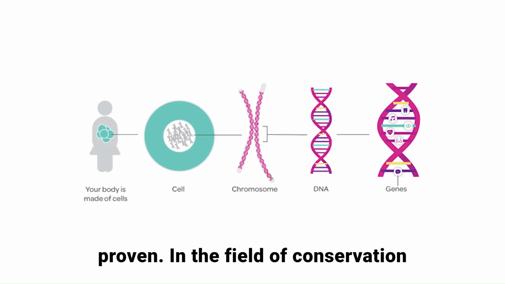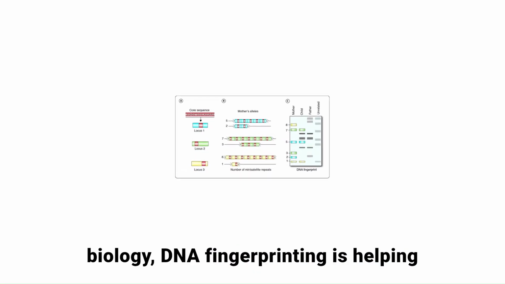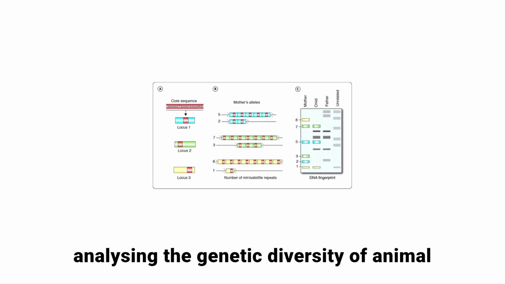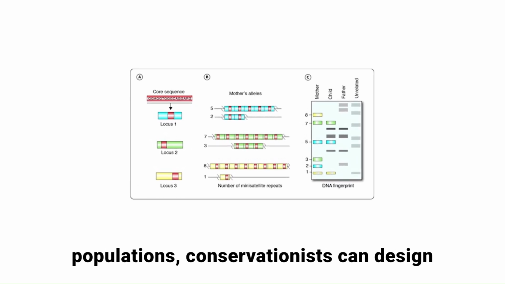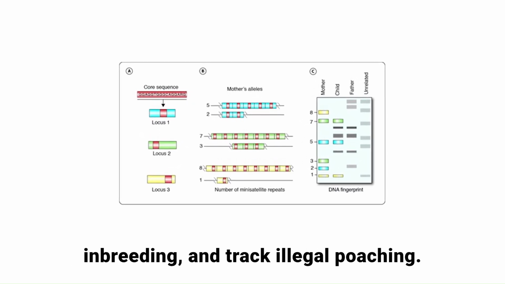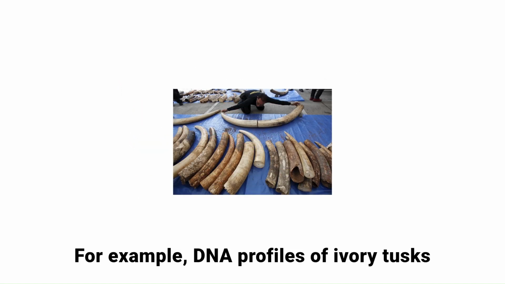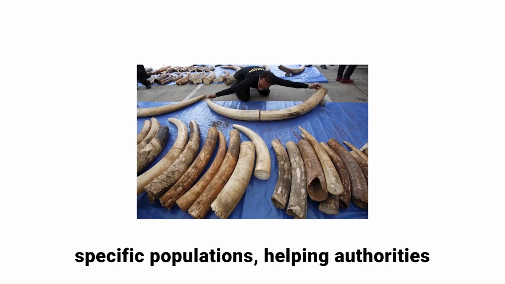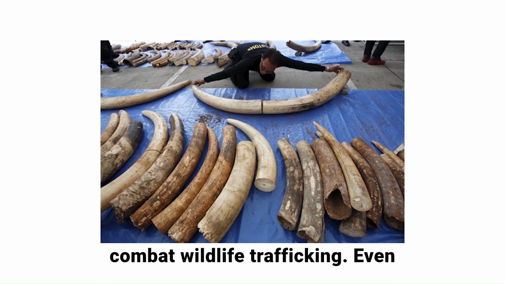In the field of conservation biology, DNA fingerprinting is helping protect endangered species. By analyzing the genetic diversity of animal populations, conservationists can design better breeding programs, prevent inbreeding, and track illegal poaching. For example, DNA profiles of ivory tusks or animal skins can be traced back to specific populations, helping authorities combat wildlife trafficking.